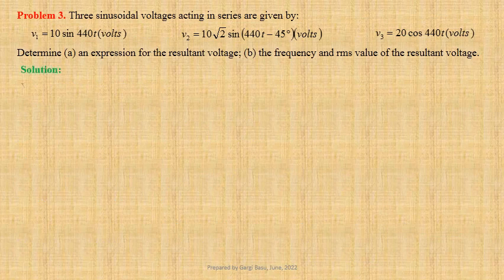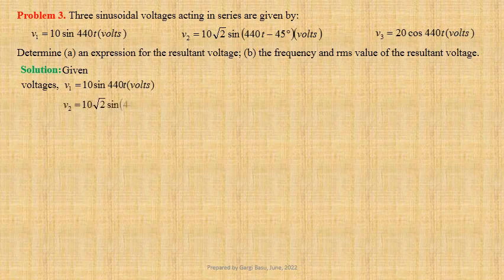Three sinusoidal voltages acting in series are given by V1 equals 10 times sine of 440t volt, V2 equals 10 root 2 times sine of 440t minus 45 degree volt, and V3 equals 20 times cos of 440t volt.